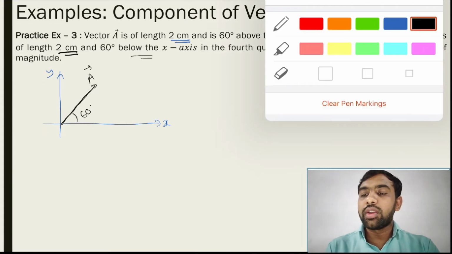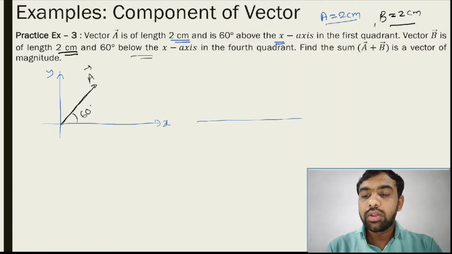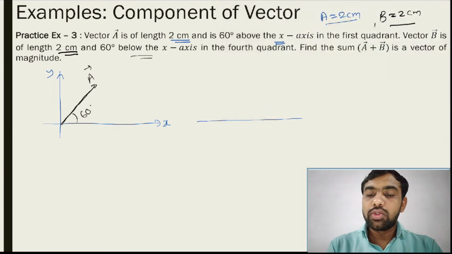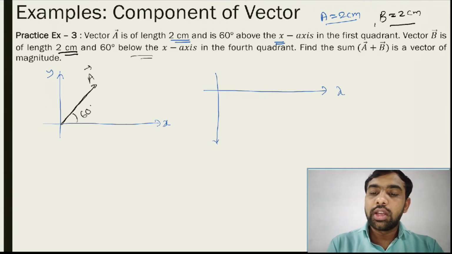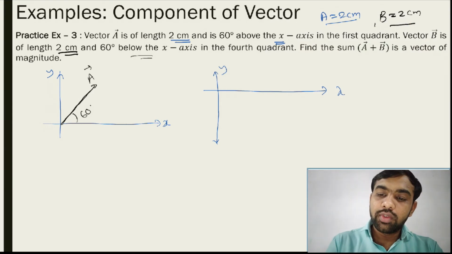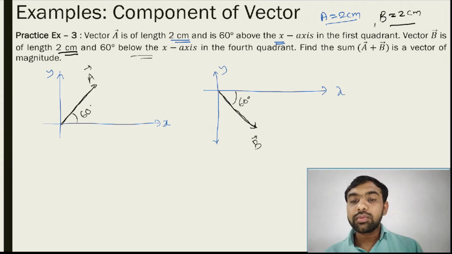So draw a new figure again. Below the x-axis means draw like this, x and y. Below x means what? We are drawing this vector B somewhere here. So B is this one, and the angle is what again? 60 degree. Okay, like this.